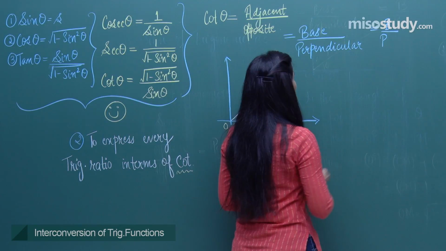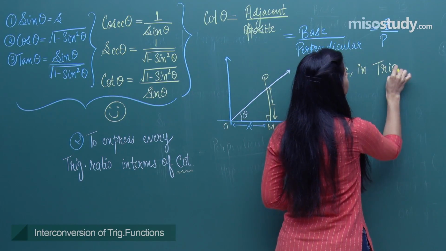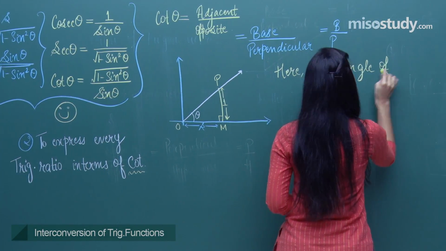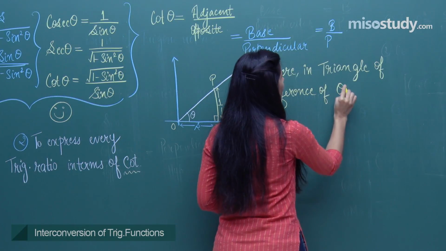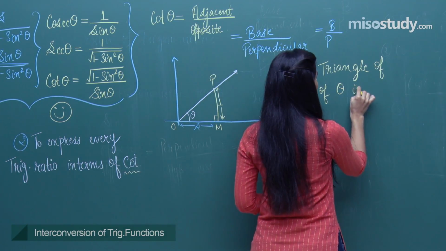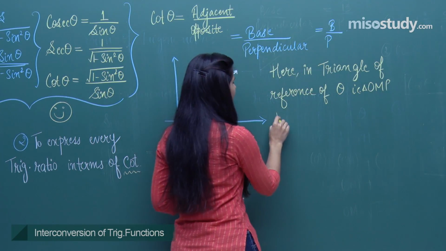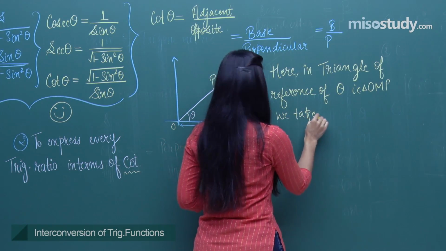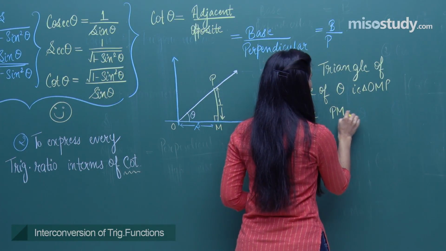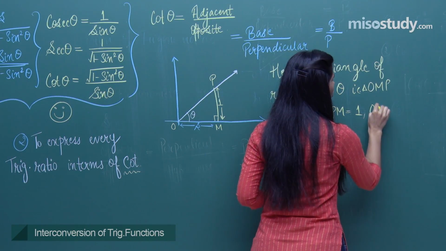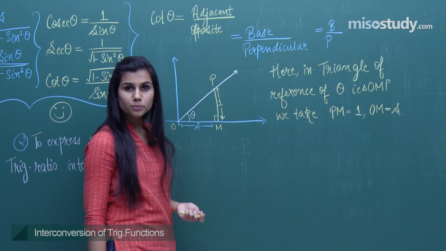So here, in the triangle of reference of the angle theta, that is the triangle OMP, we take the length of the perpendicular, which is PM, to be 1, and we take the base, which is OM, to be equal to S. And then again we have just one more side to be found out.